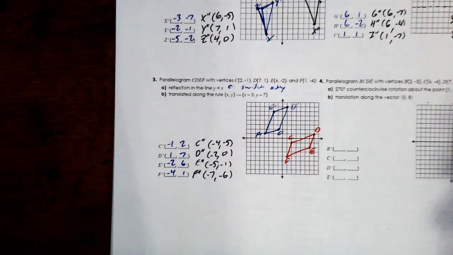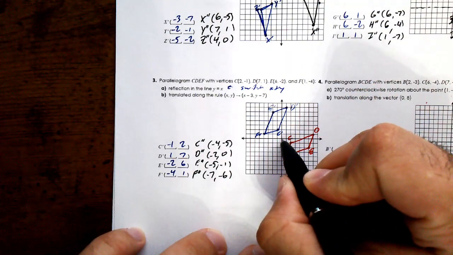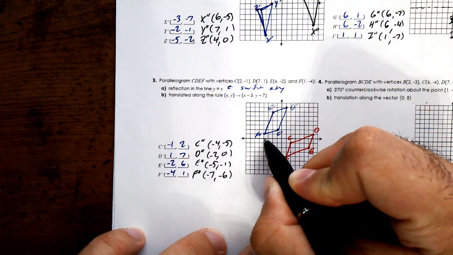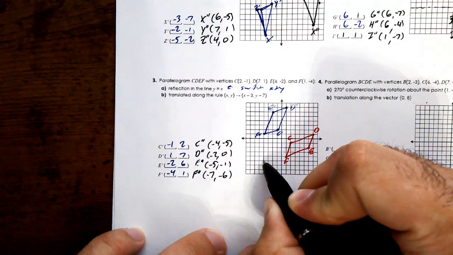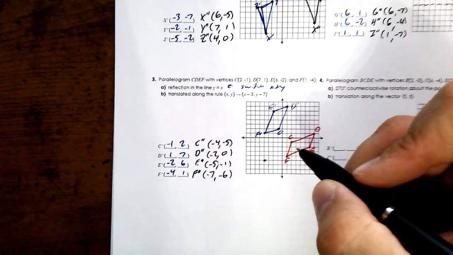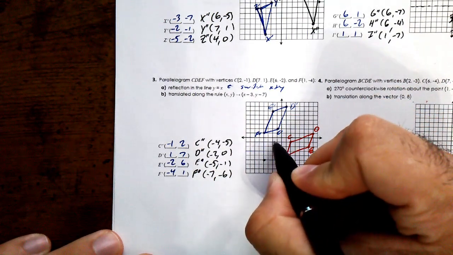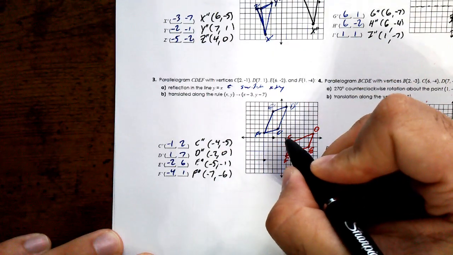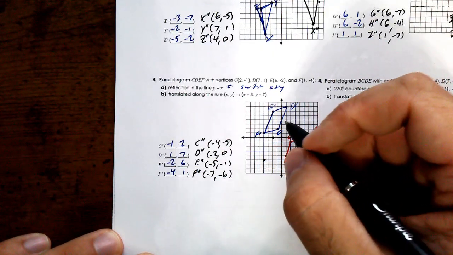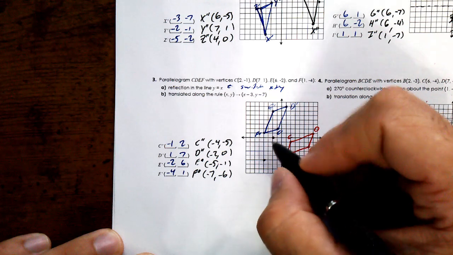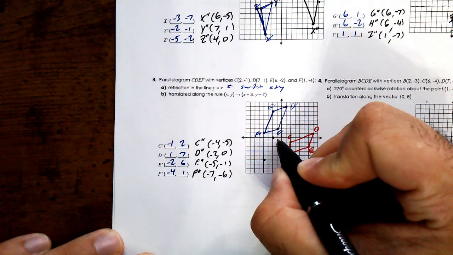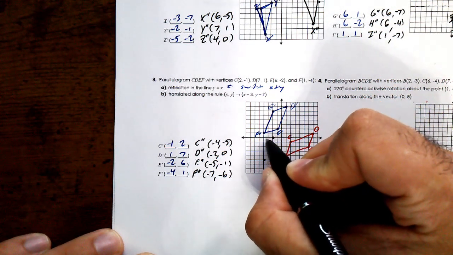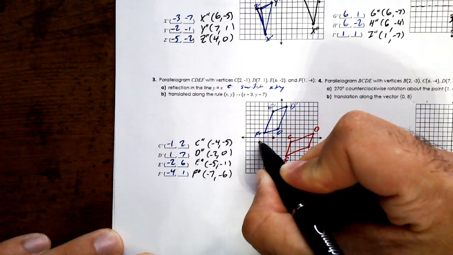Plot your new points. So we're at -4, so 1, 2, 3, 4, 1, 2, 3, 4, 5. Then we're at -2, 0. Then we're at -5, -1. 1, 2, 3, 4, 5, -1.